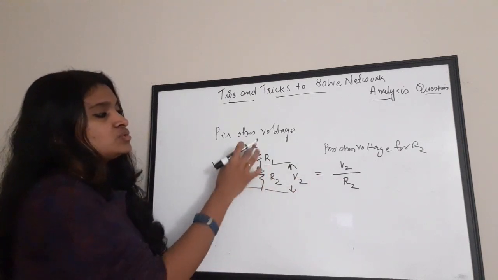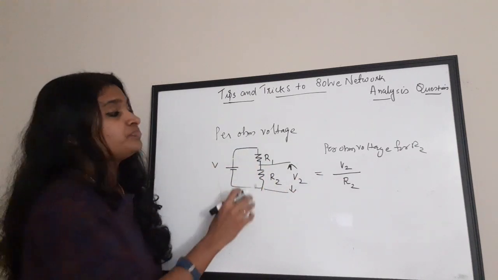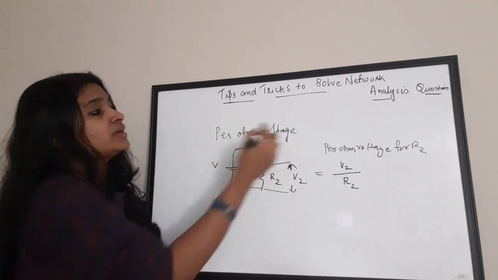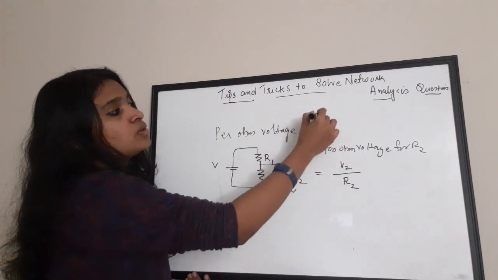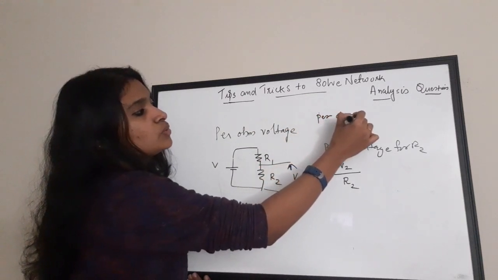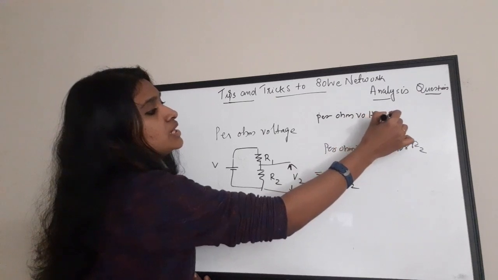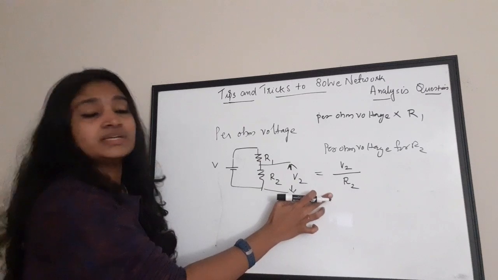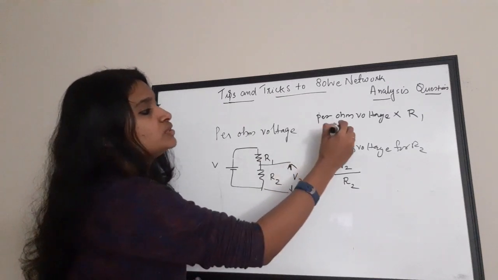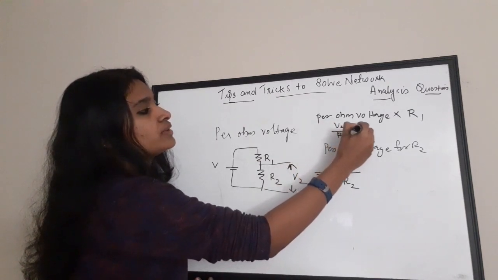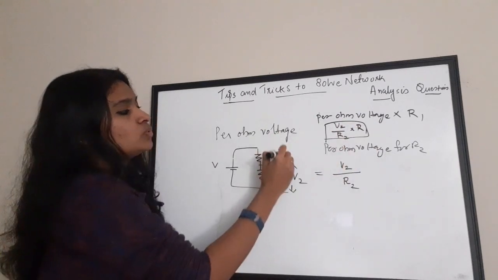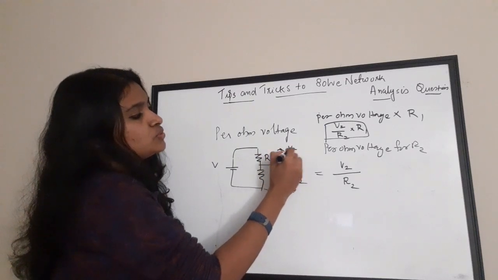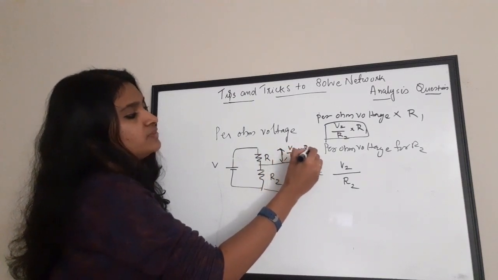Now, if these two resistors are connected in series, then the voltage across R1 will be the per ohm voltage times the value of the resistance R1. Here the per ohm voltage is V2 by R2, so V2 by R2 into R1 will be the voltage across R1.